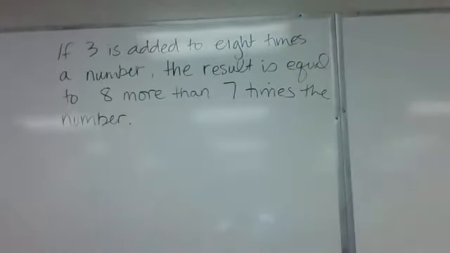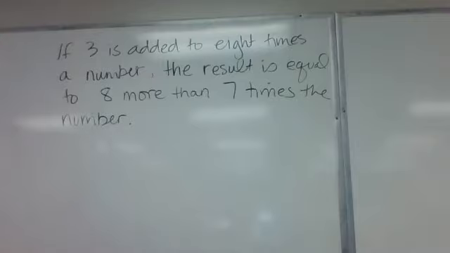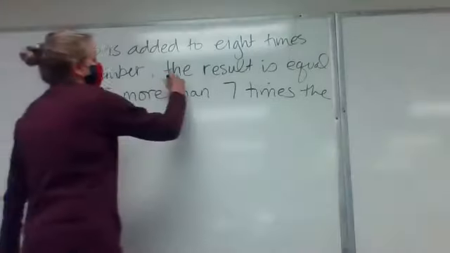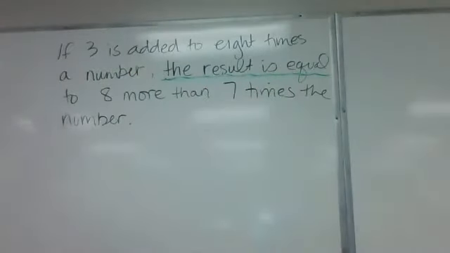Okay, if 3 is added to 8 times a number, the result is equal to 8 more than 7 times the number. So let's first of all find where our equal sign is going to go, which is right here. The result is equal to.